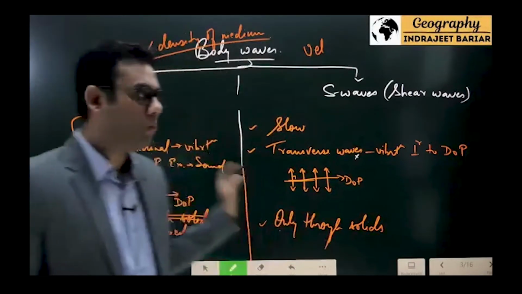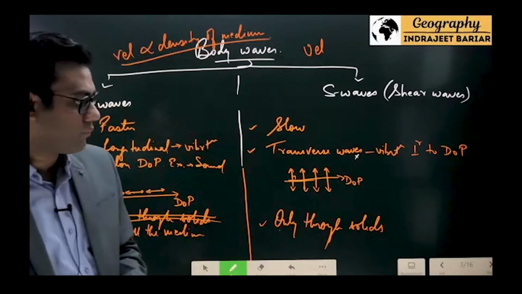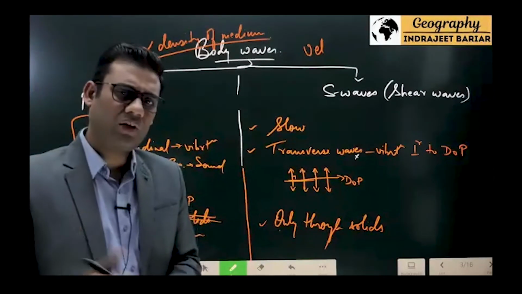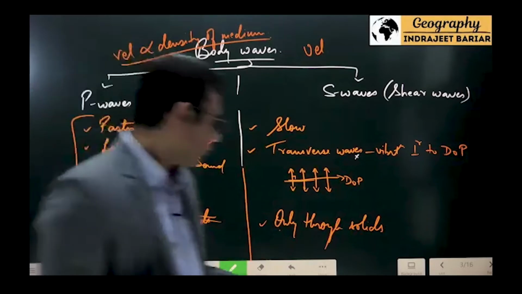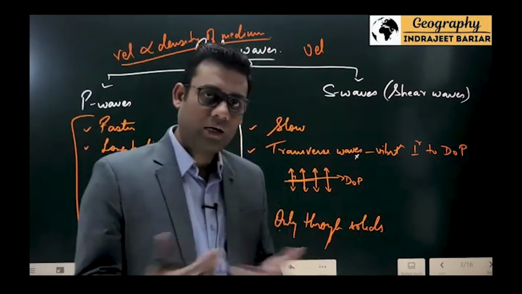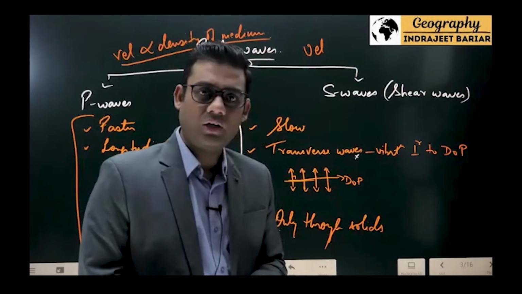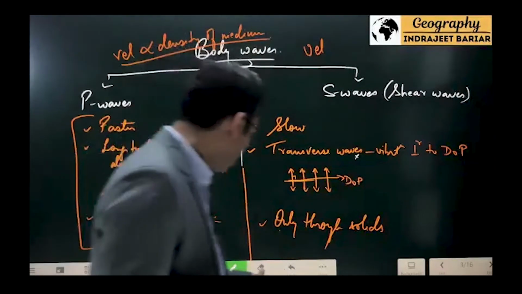Okay, so body waves. After body waves, the next one that we have are surface waves. Surface waves, although not directly related to studying the interiors of the earth, yet we are going to look at just their property.